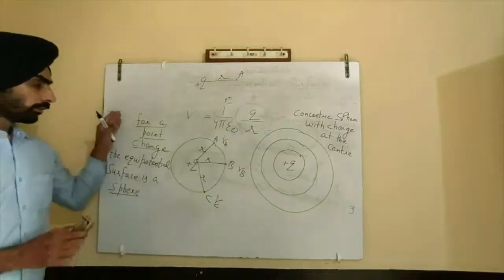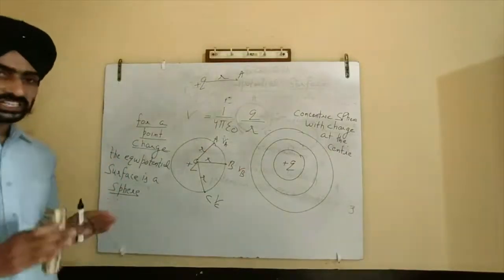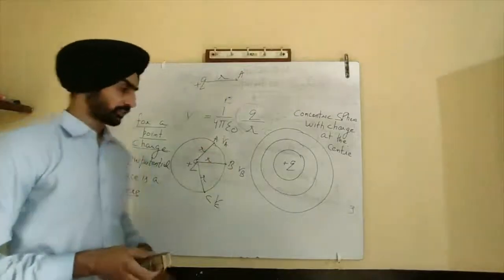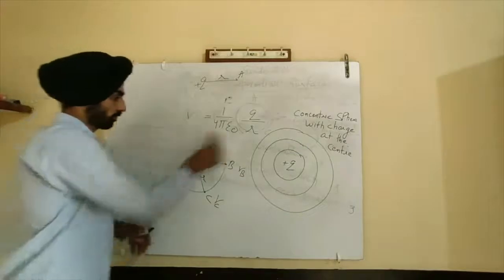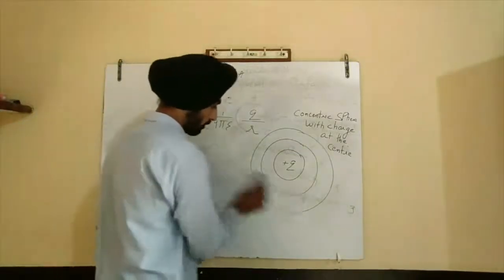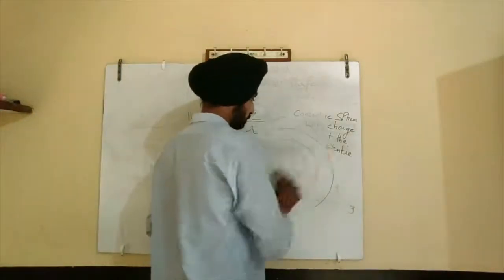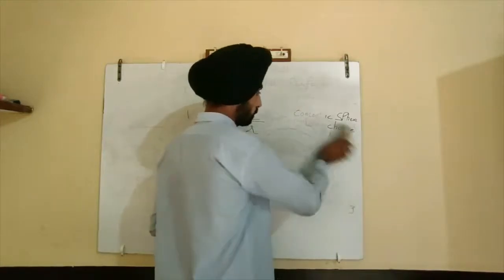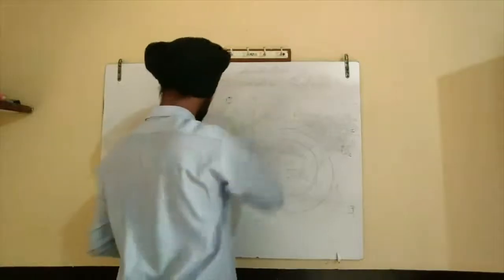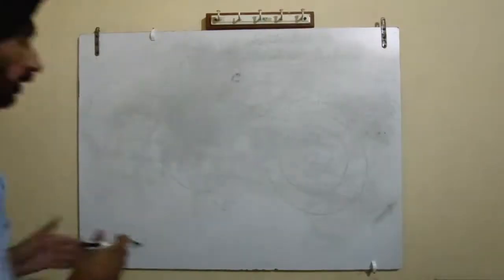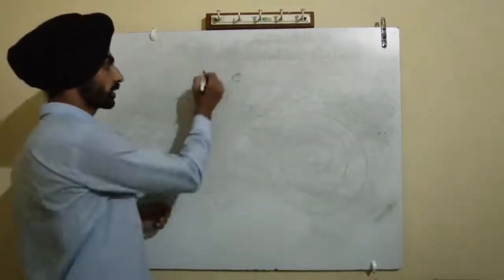That means the shape of the equipotential surface for a point charge. So we are moving on to the third concept.